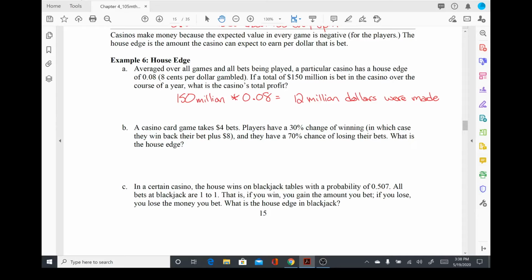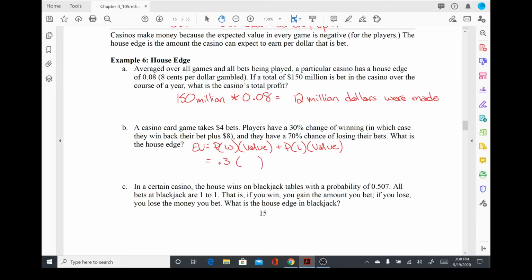So let's set up expected value. Expected value of this is the probability of winning and the value, and then we'll have the probability of losing and the value. Probability of winning is 30%.